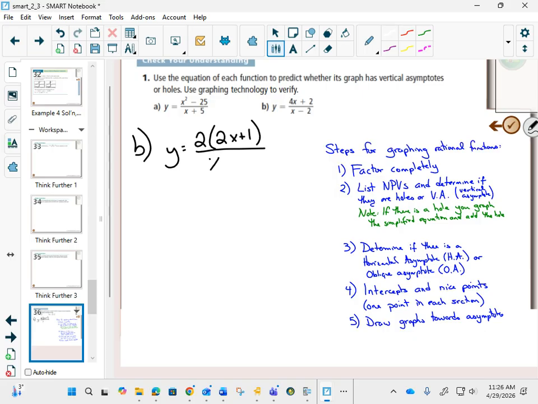On the bottom, I have an x minus 2. I write out my non-permissible value. I factored completely. My non-permissible value, x can't equal 2. Does it cancel out? No. So this one, the non-permissible value is a vertical asymptote.